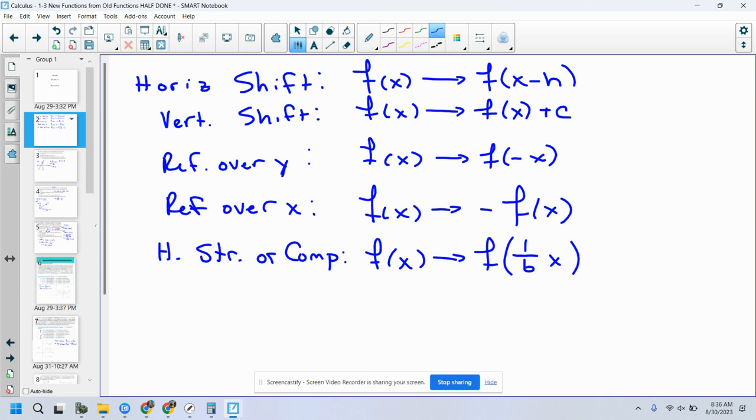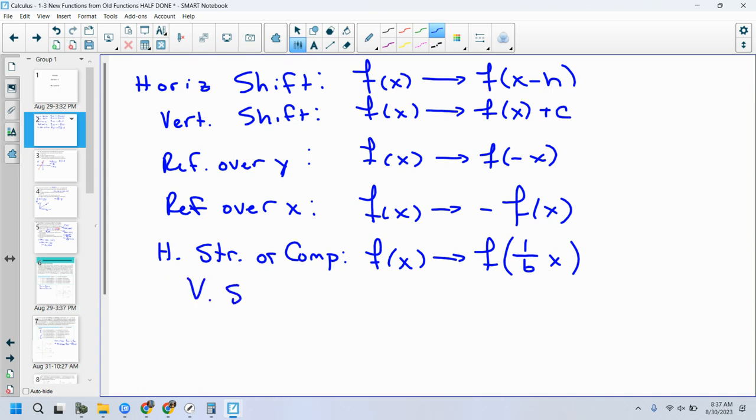So if it's a stretch by 2, it's going to turn into 1 over 2x. If it's a compression by 1/2, it's going to be 2x inside there. If it's a stretch by 5, it's going to be a 1/5 x. If it's a compression by 1/3, it's going to be a 3x sitting on the inside. Take the reciprocal of the value.